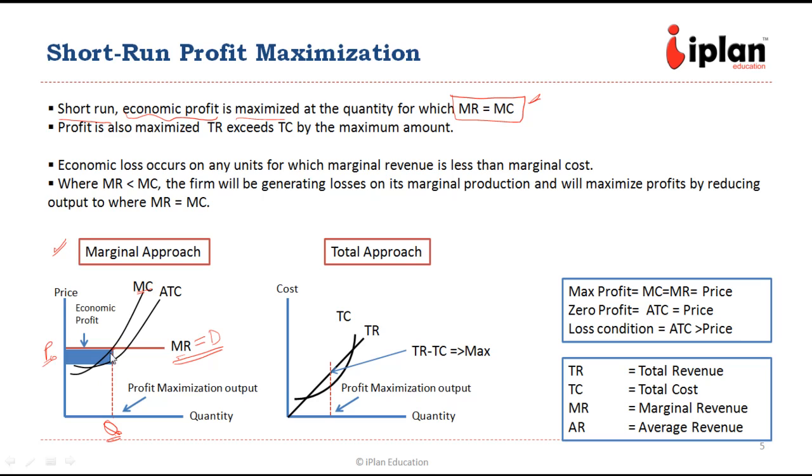So since we can see below Q naught, the marginal revenue is going to be above marginal cost and also above average total cost.